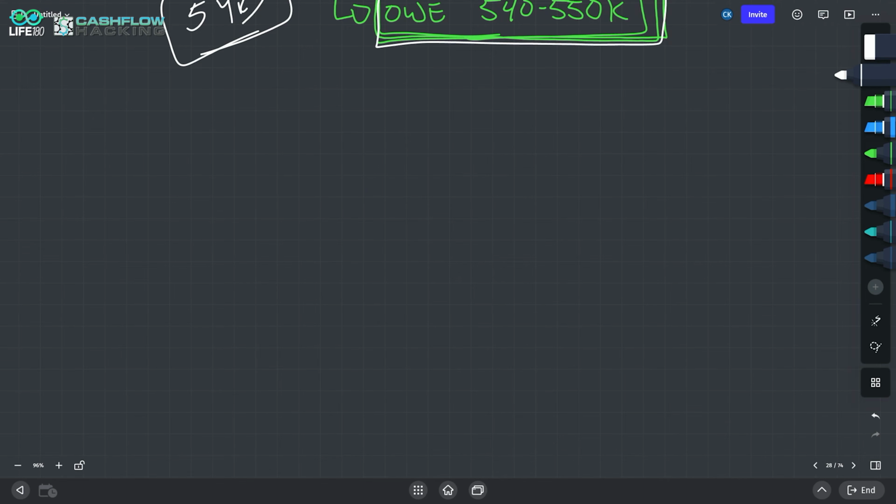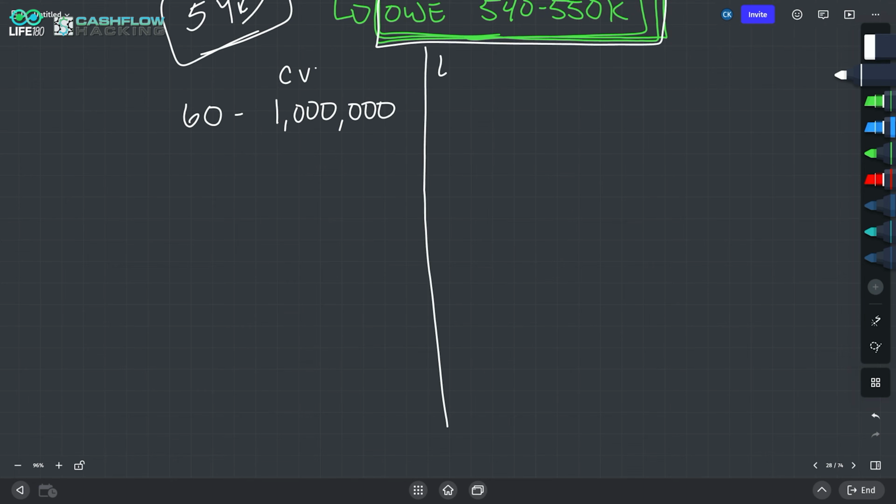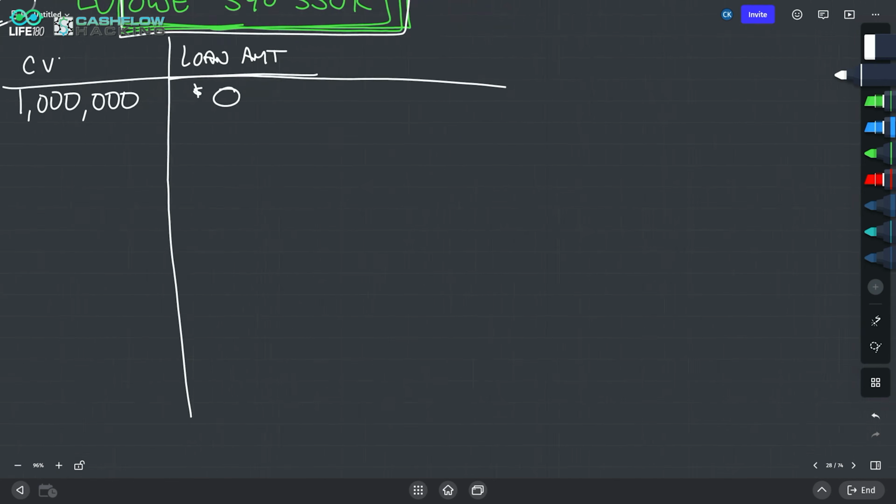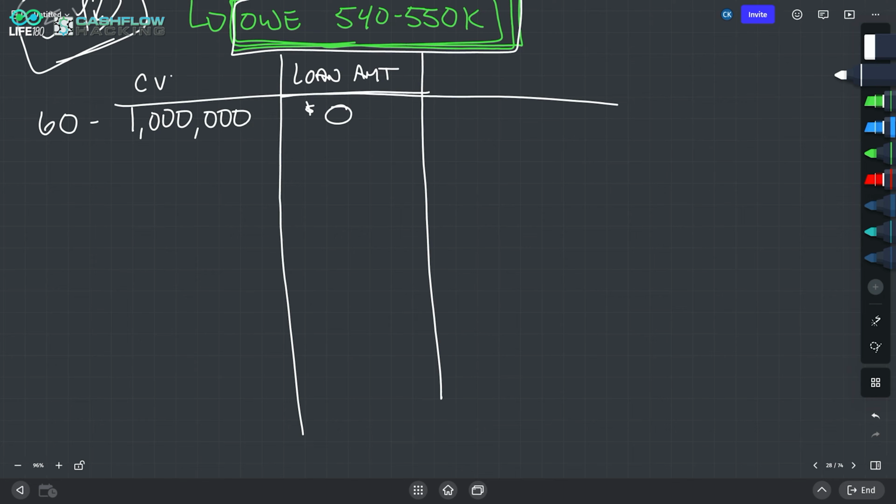So remember, you hit 60 years old, you have $1 million of cash value, you have a death benefit, and then a loan amount, and we're going to say 0 right here, because we're going to pretend we take income at 61. And then we have a death benefit of $1,500,000.